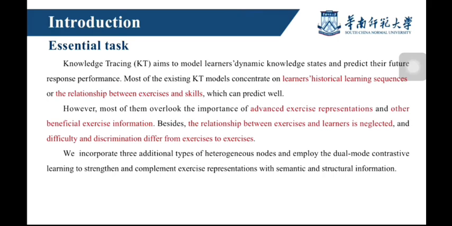However, most of them overlook the importance of exercise representations and other beneficial exercise information. Besides, the relationship between exercise and learners is neglected, and difficulty and discrimination differ from exercise to exercise.